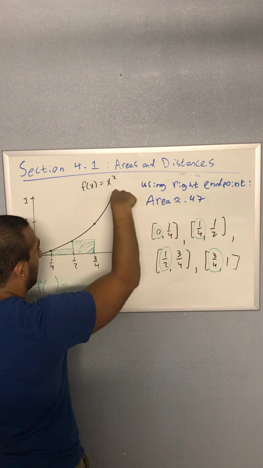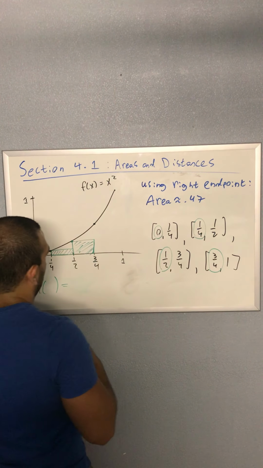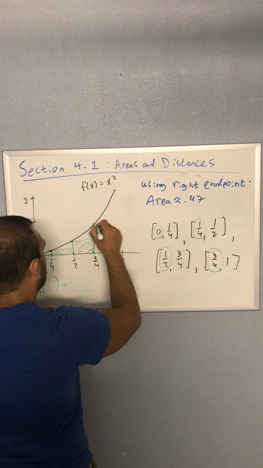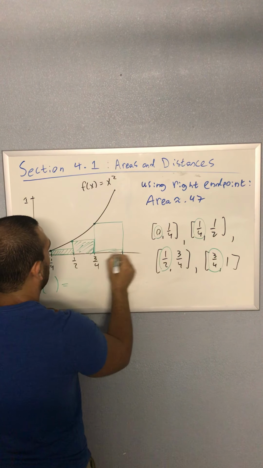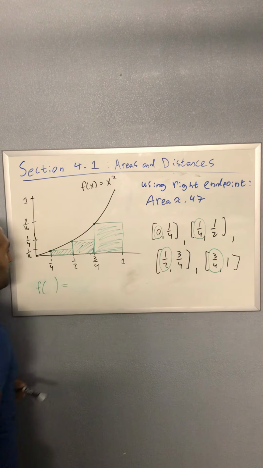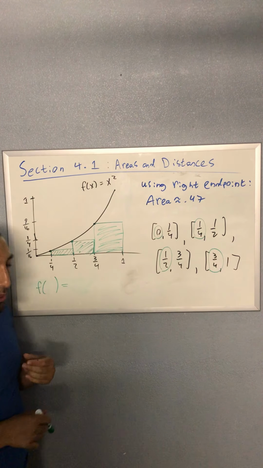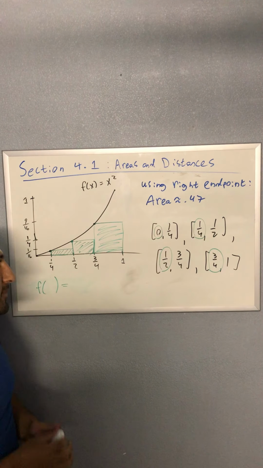Last time we took it to be the biggest one, this time we're going to take it to be the smallest one. So then now we have a height of 9/16 across here. And then the width is again 1/4. So you can see that as opposed to being an overestimate this time, this is actually quite the underestimate.